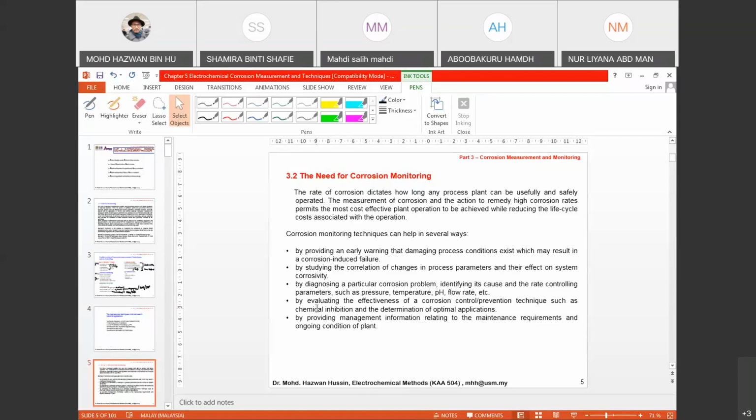By diagnosing a particular corrosion problem, identifying its cause and rate, controlling parameters such as pressure, temperature, pH, flow rate, etc. And also by evaluating the effectiveness of corrosion control or prevention techniques such as chemical inhibition and the determination of optimal applications. And finally, by providing management information relating to the maintenance requirement and ongoing condition of the plant.